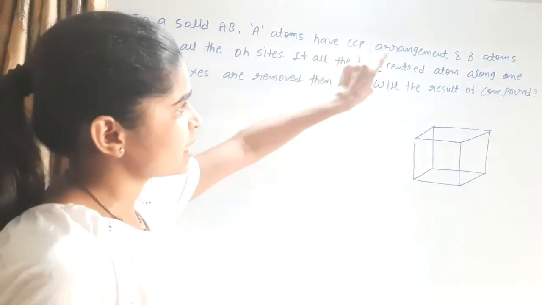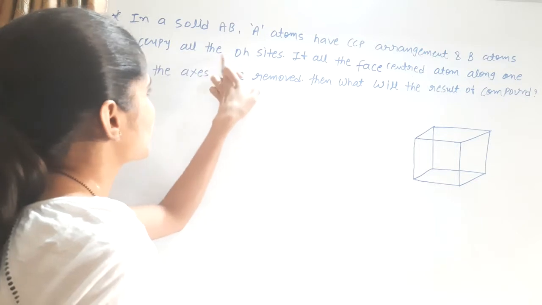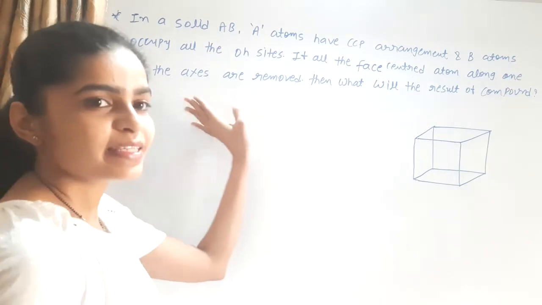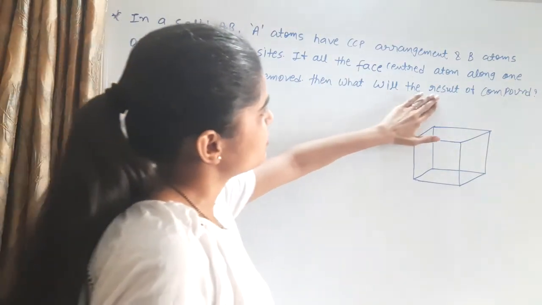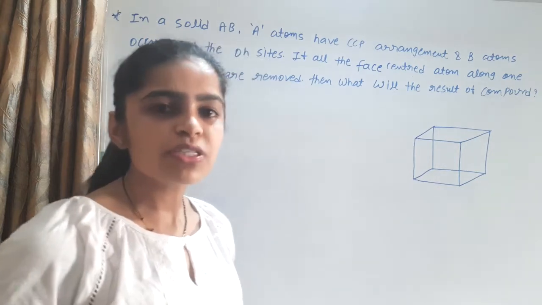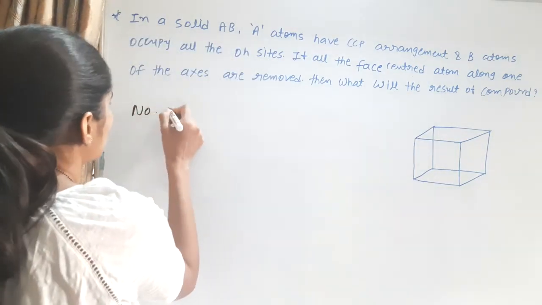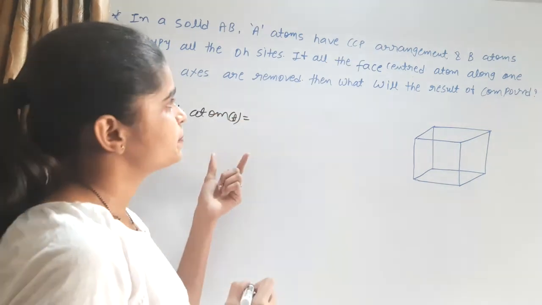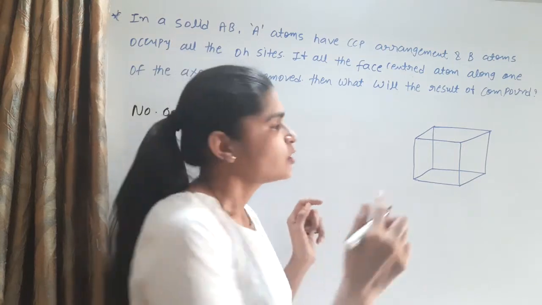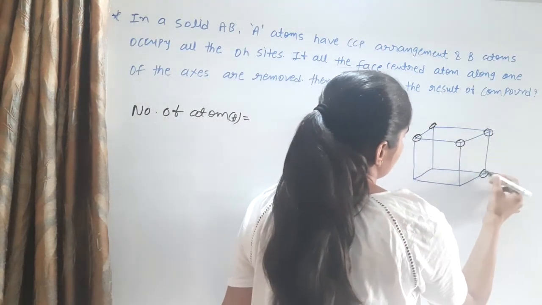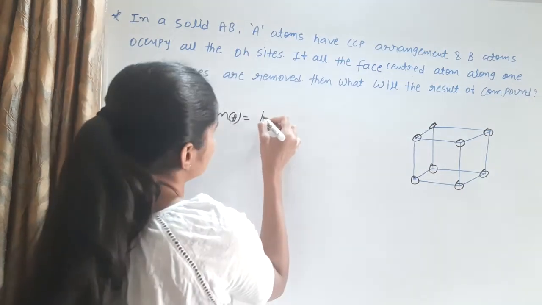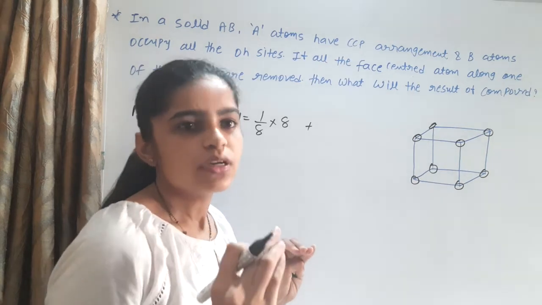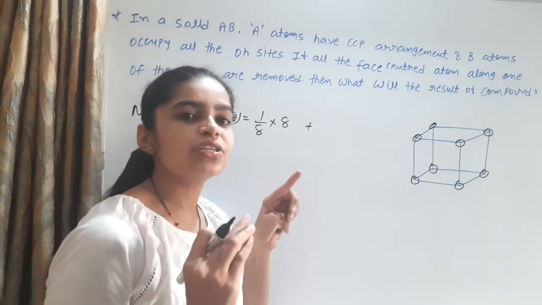A atoms have CCP arrangement and B atoms occupy all octahedral sites. If all the face center atoms along one of the axes are removed, then what will be the formula of this compound? First find out the number of atoms present per unit cell. So this is to find A. Number of atoms in FCC: total 8 on the corners, so its contribution is 1 by 8, and 6 atoms present on the faces, and its contribution is 1/2.